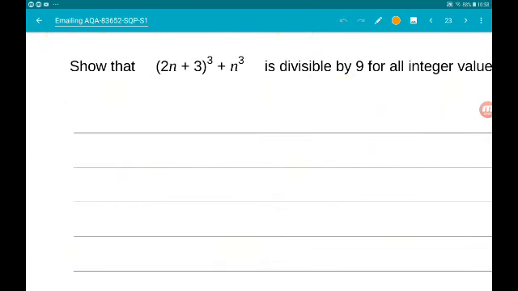Okay, the final question, algebraic proof. We want to show that 2n plus 3 cubed plus n cubed is divisible by 9 for all integer values of n. So, I think you guys will learn binomial expansion. So, if so, you can use that to expand the brackets, but just in case, let's do it old school.